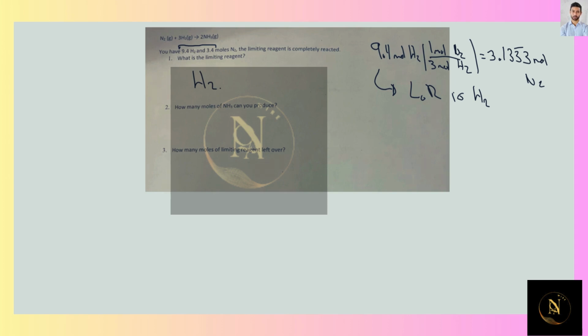Well, if the limiting reagent is H2, then we're going to start with 9.4 moles of H2, and we know that 3 moles of H2 produce 2 moles of NH3, according to our reaction.